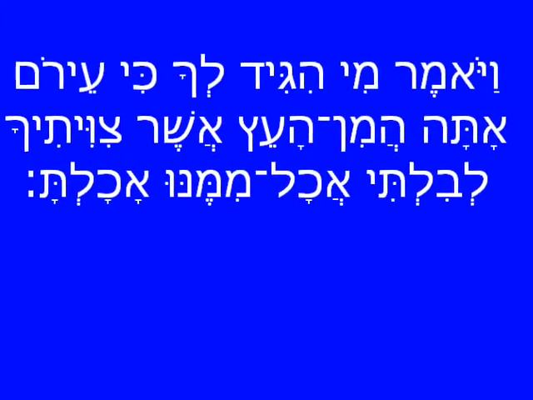If we go to Bereshit Gimel, the 3rd chapter of Genesis, Pasuk 11, verse 11. We've looked at this verse one time before. Vayomer, mi higid lecha ki erum ata, hamin ha'etz asher tziviticha levilti achal mimenu achalta.